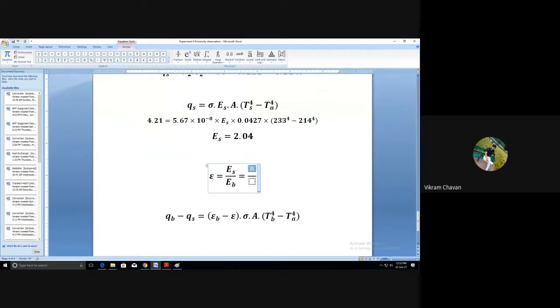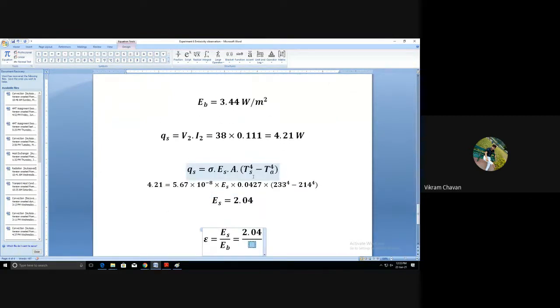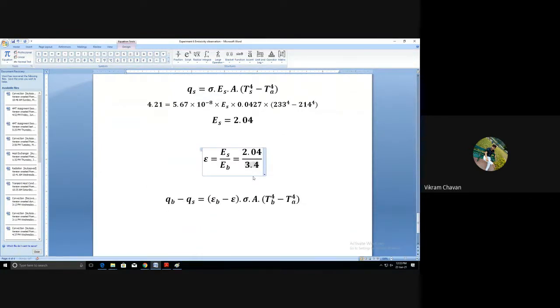So E suffix S is 2.04 and E suffix B is 3.44. So how much is it equal to? It is equal to 0.593.